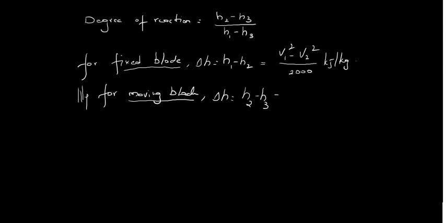Since it is a moving blade, here I am going to consider the difference of relative velocities, right? H2 minus H3. Now it would be the relation VR2 square minus VR1 square divided by 2000 kilojoule per kg.